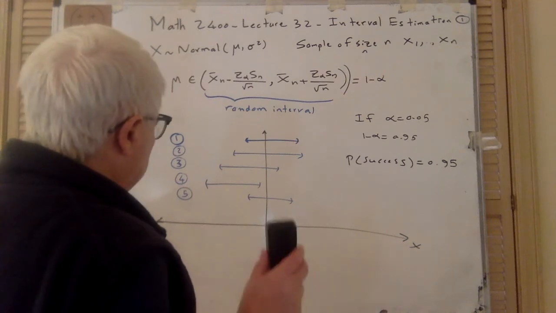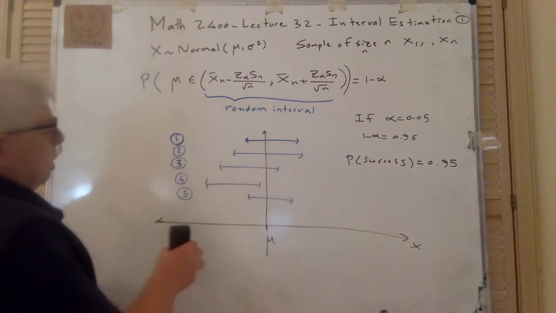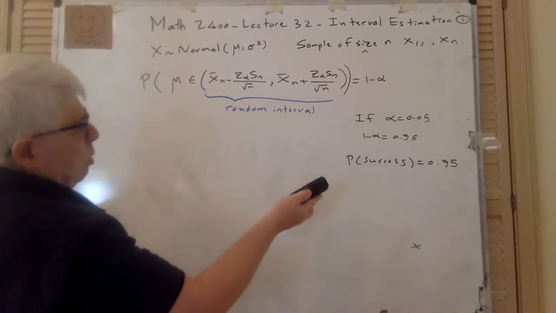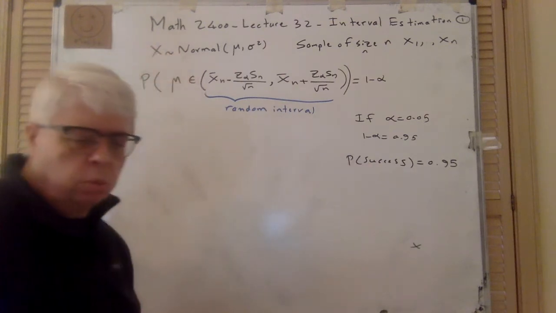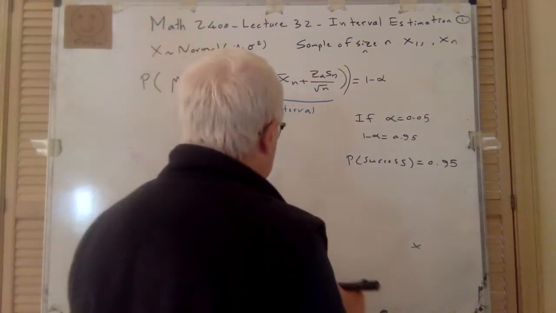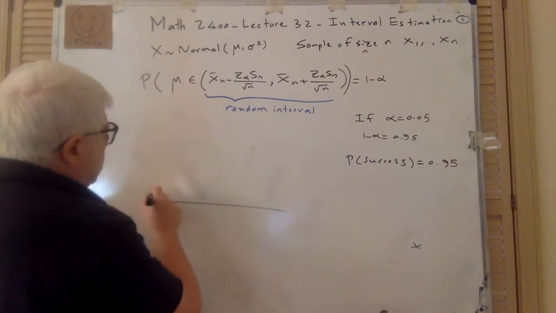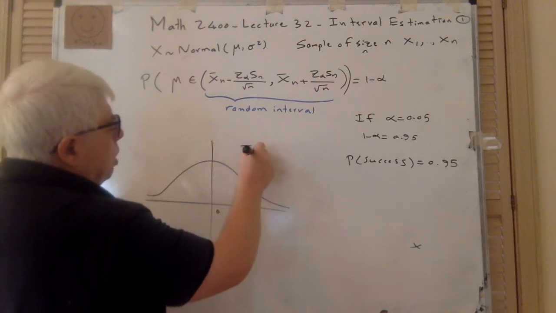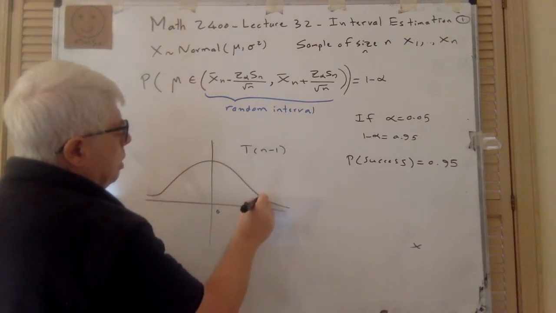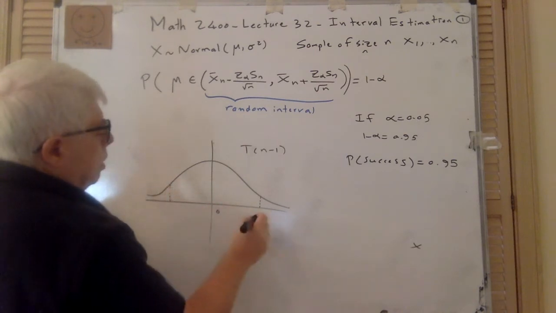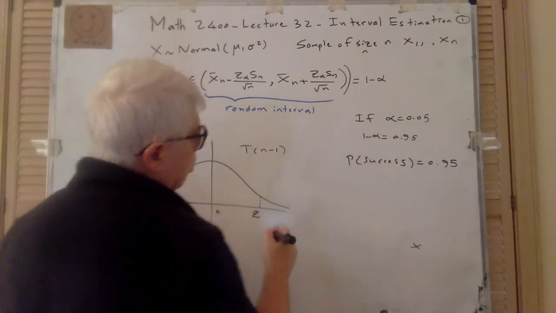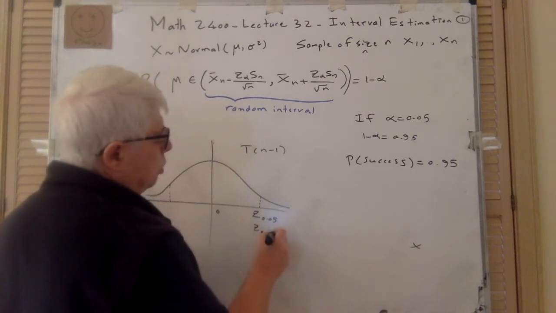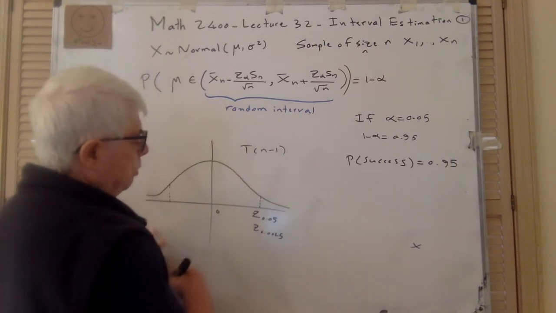Okay, now, another thing you will see: if this is 0 and this is t of n minus 1, and this is z of alpha, that's 0.05, and sometimes people write it alpha over 2, so that's 0.025.